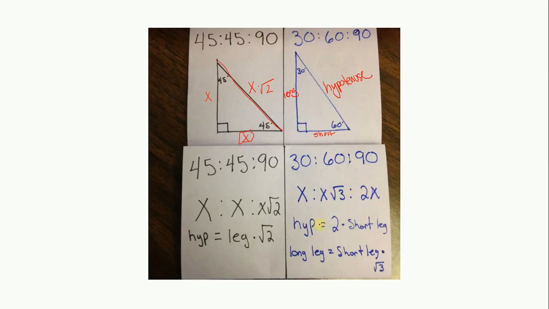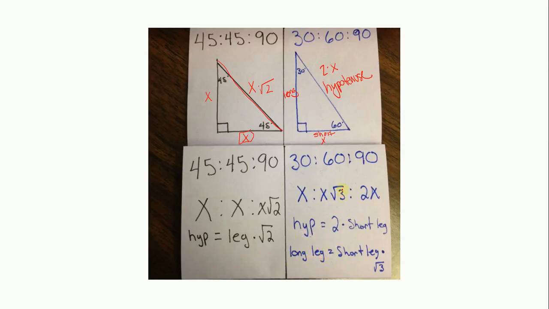Now, we have two formulas to work with. The hypotenuse of a 30, 60, 90 triangle is 2 times my short leg. Remember, my short leg was x, and since it was only half of the triangle, that would be 2 times x for the full side. That would be the hypotenuse. So 2 times my short leg will give me my hypotenuse.